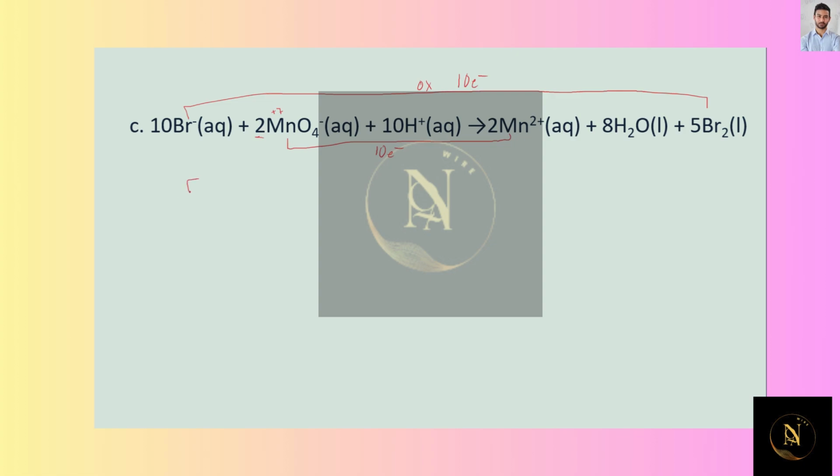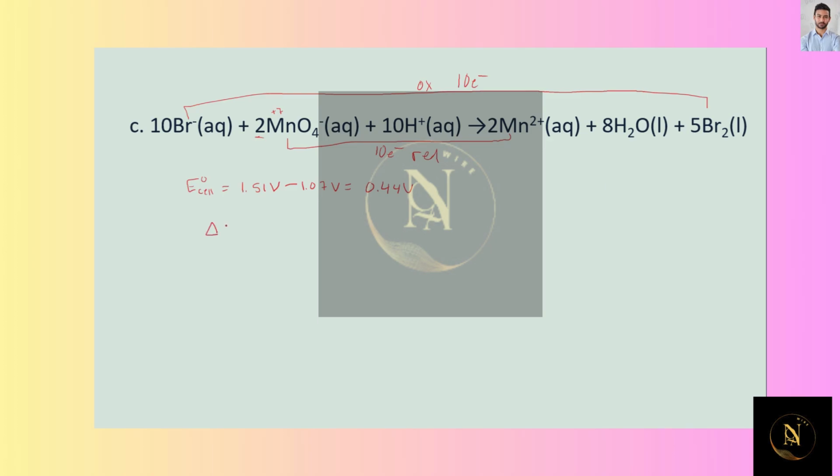We start by finding our E cell. Our cell potential is going to be the reduction, the permanganate, 1.51 volts, minus the bromine, which is 1.07 volts, to give us 0.44 volts.